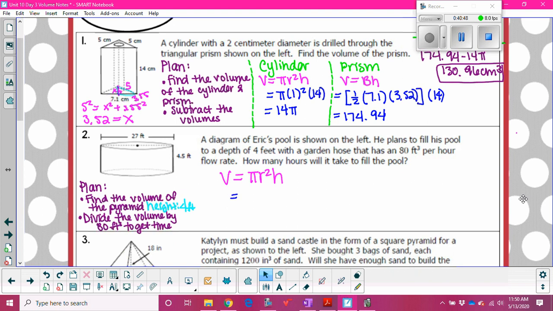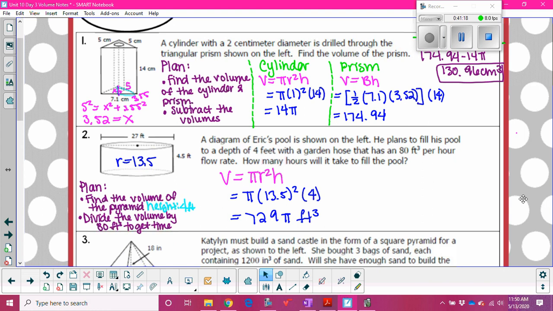So we have pi times the radius, which the diameter is 27, so the radius is 13.5. I'll write that down. So we have 13.5 squared times the height, which we're using 4. Let's get this in terms of pi. Multiply 13.5 squared times 4, and you get 729 pi cubic feet.